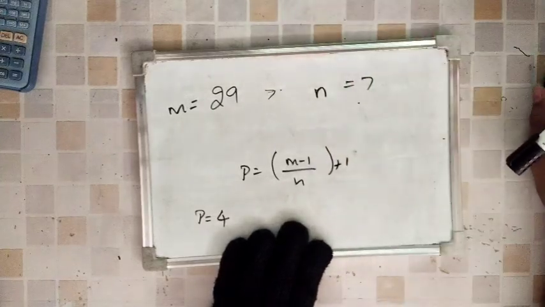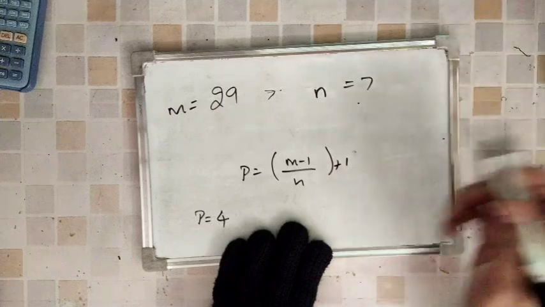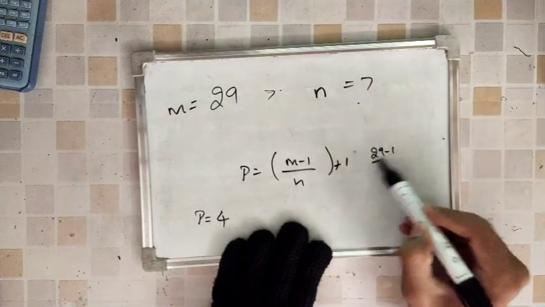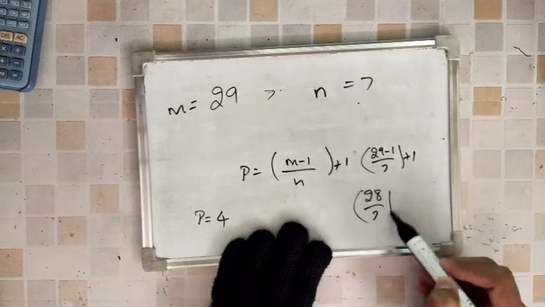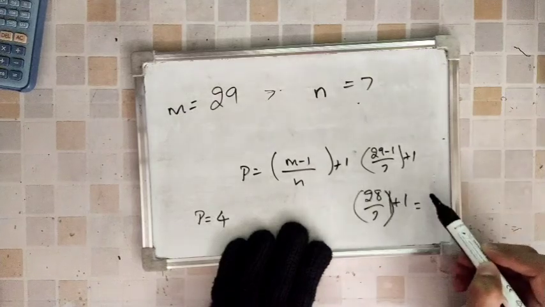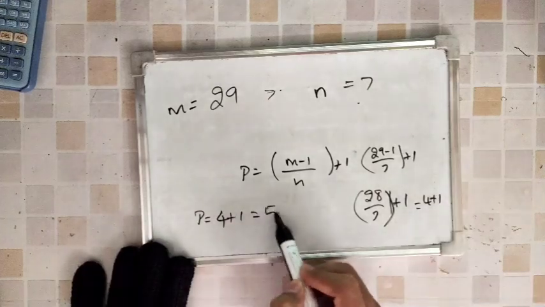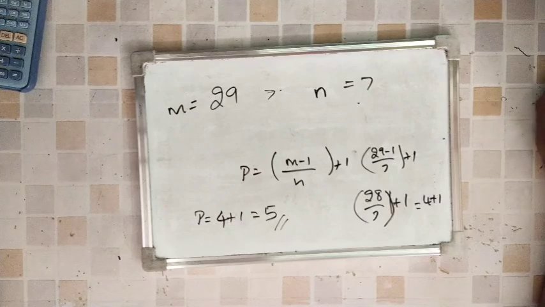So 29 minus 1 by 7 plus 1, that is 28 by 7 plus 1, which is 4 plus 1, equal to 5 pigeons. So 5 persons will have the same birthday on the same day.